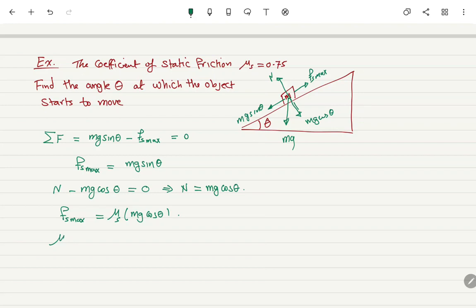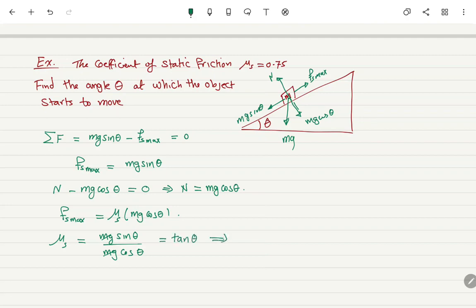So μs is equal to Fs over N, which is mg sine theta divided by mg cosine theta. The mg cancels out, so it's equal to tan theta.